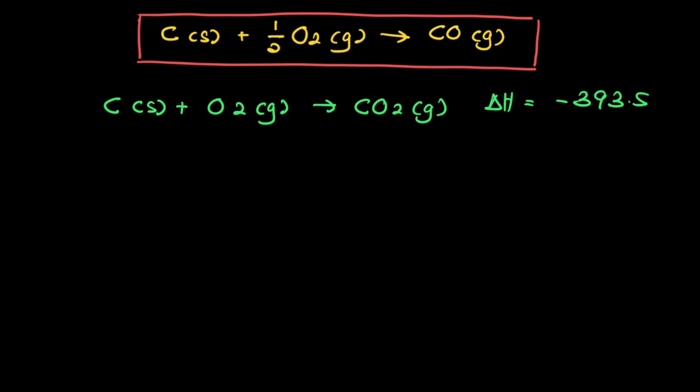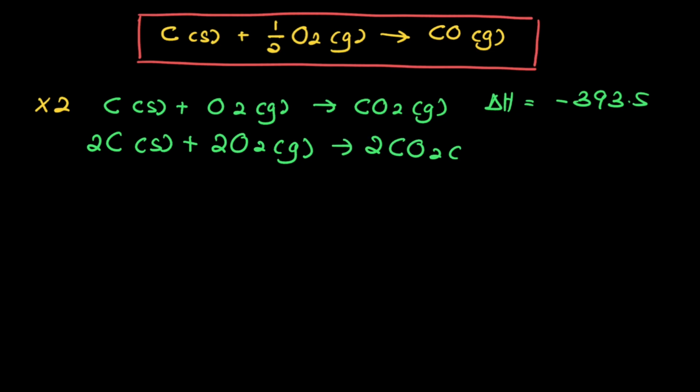Right. So what I'm going to do with this is times 2. So when I times 2, you will get 2 carbon plus 2 oxygen gas to produce 2 carbon dioxide gas. Therefore, your delta H, you need to times 2 as well. It becomes negative 787.0 kilojoule per mole. Alright.